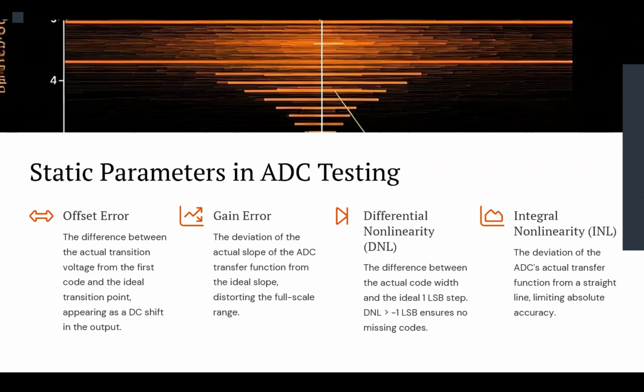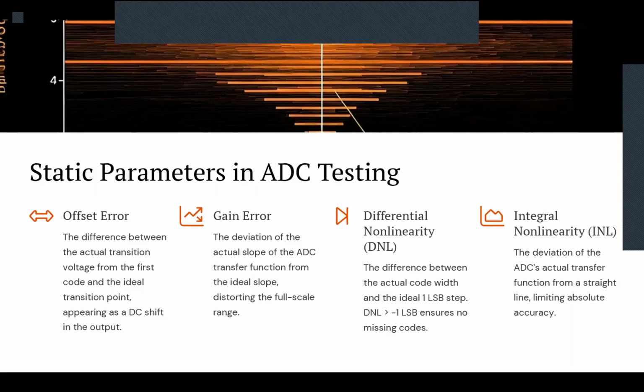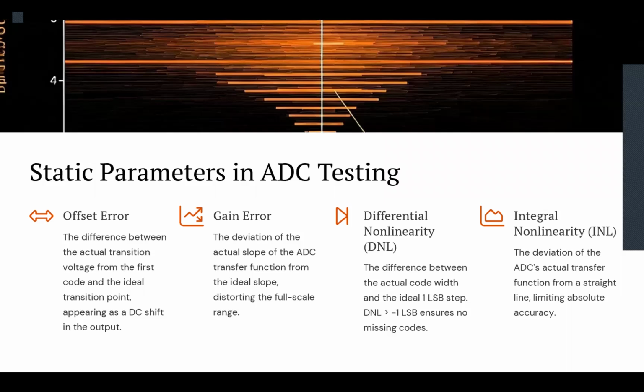Okay, the first parameter in static testing is offset error. We define offset error as the difference between the actual transition voltage of the first code and the ideal transition point. Basically, it shows a DC shift across the entire ADC output.